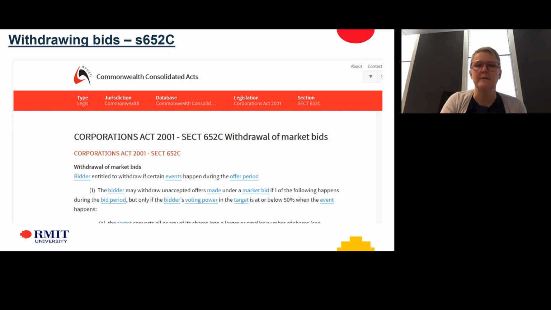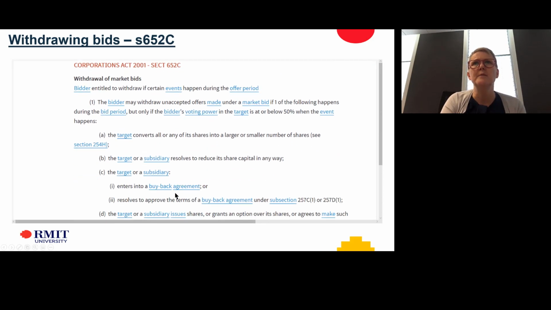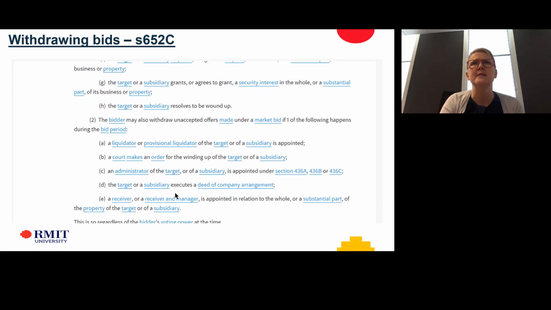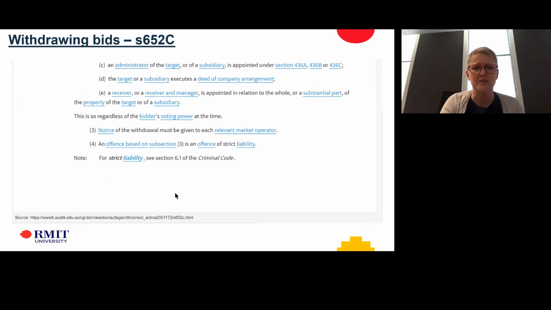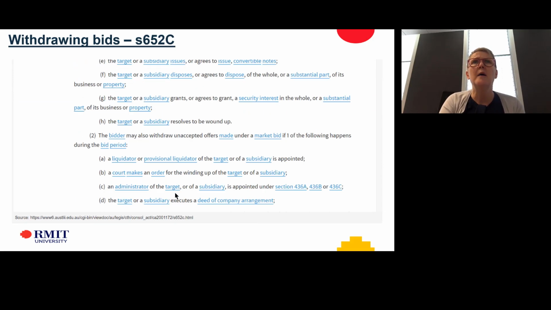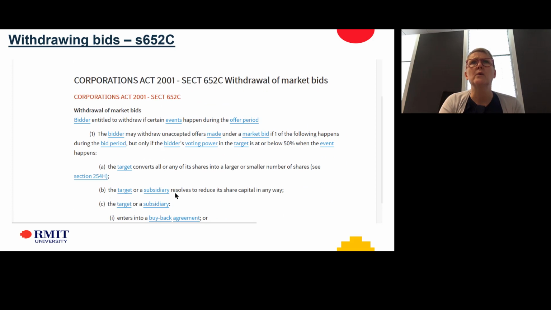Withdrawing bids, I've actually got a link to the section here, but basically off-market bids can be withdrawn in a range of circumstances. Actually, bizarrely, compared to other provisions in this law, it's not a ridiculous list. So let's have a quick look.